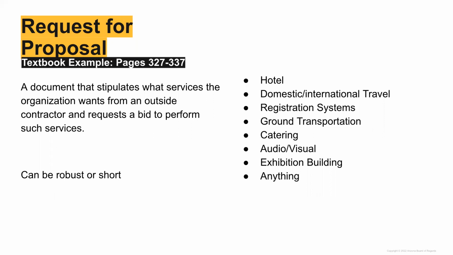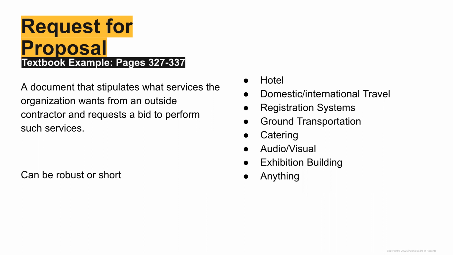You commonly see this with a hotel, which is what we're primarily going to focus on today, requesting a space from a hotel to accommodate the needs of your respective conference. You will also see it with travel agencies when people are requesting support from another organization for international or domestic travel.